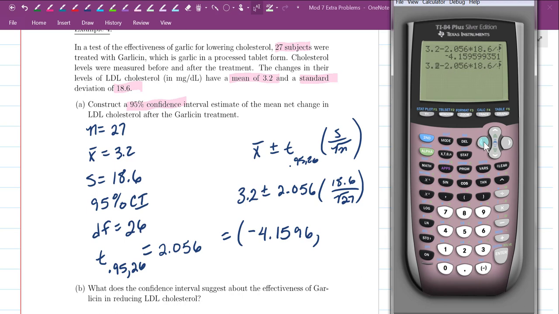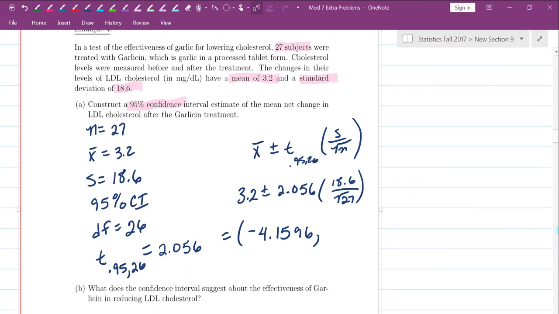Go from subtraction to addition right there, hit enter, and our new value is 10.5596. Okay, so this is our confidence interval right here.